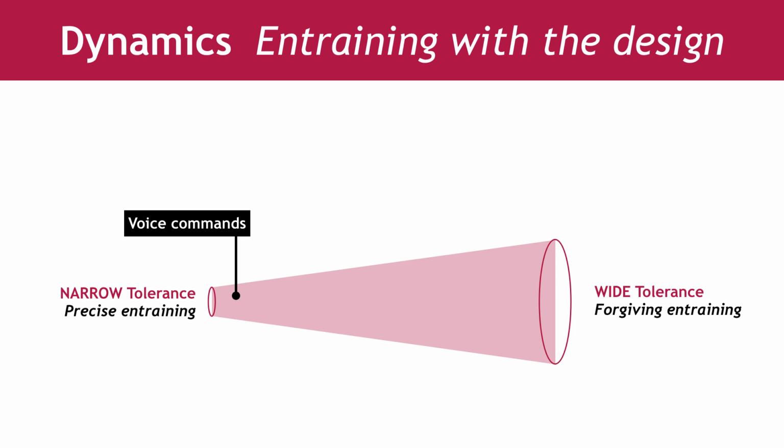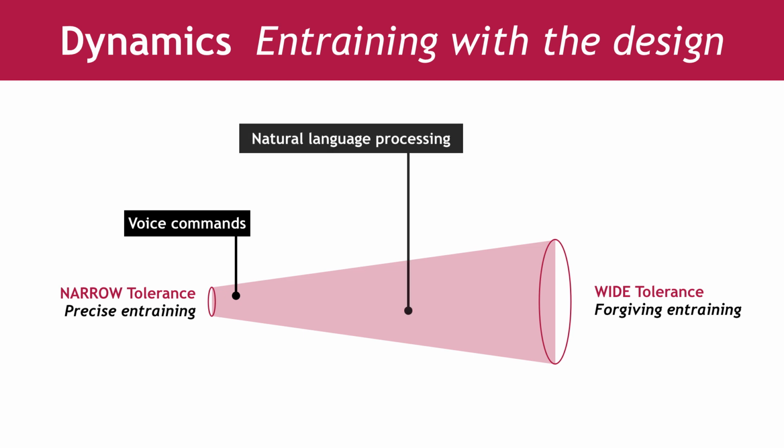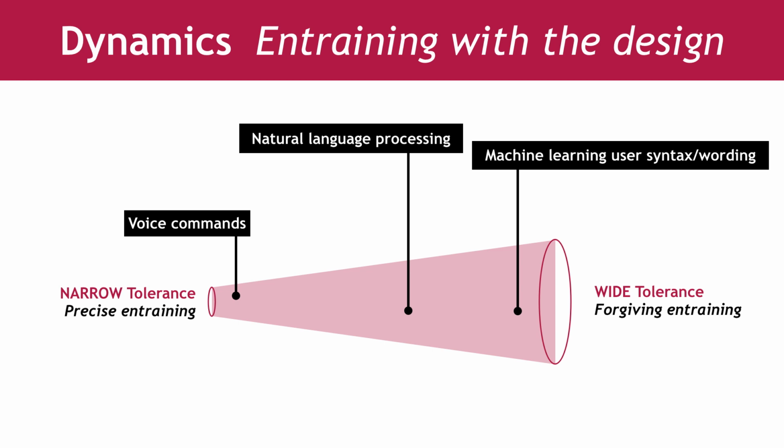You have to use particular words to engage with the meaning of the system. When we have things like natural language processing, that's actually increasing the tolerance for imprecision. And then something like machine learning of a particular user's syntax and wording increases the tolerance for imprecision even further. So we can see language also has that notion of precision.